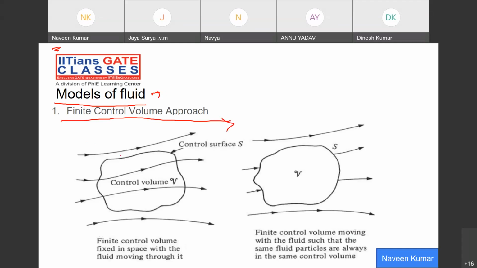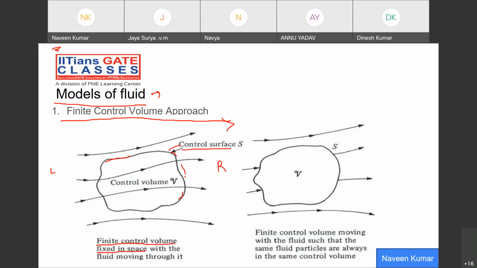Let's say fluid is moving from left to right. You can assume a finite control volume fixed in space. This is a control volume, and it is enclosed by a surface that is called the control surface.